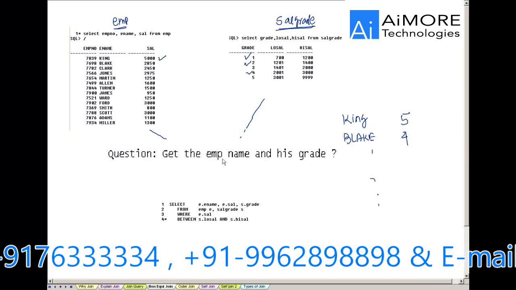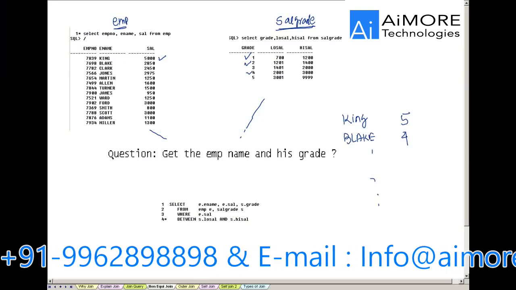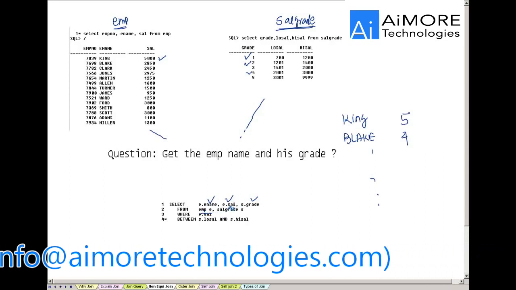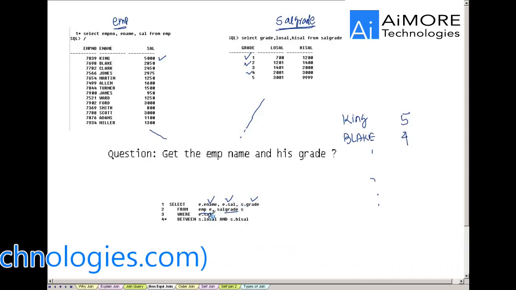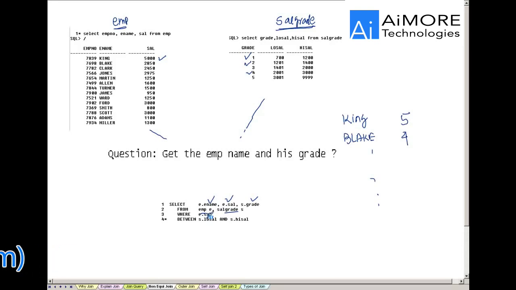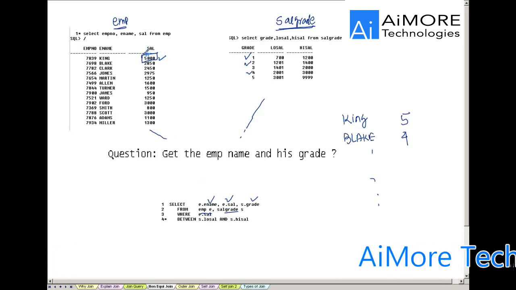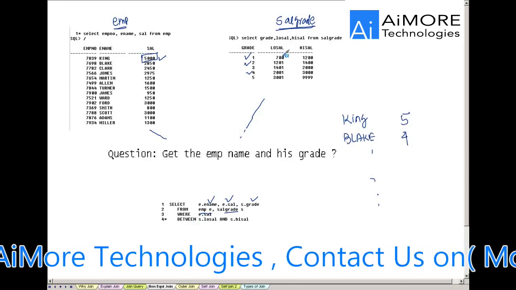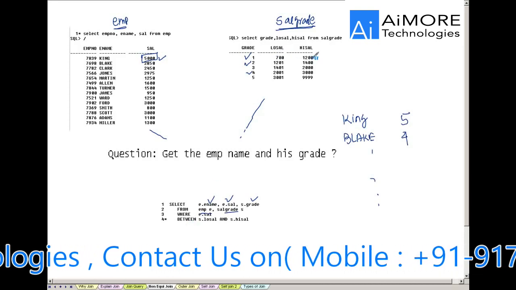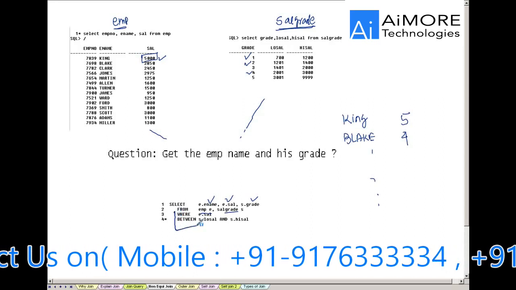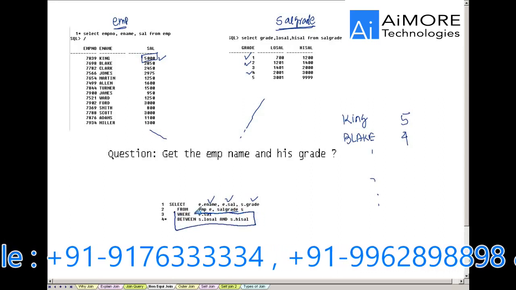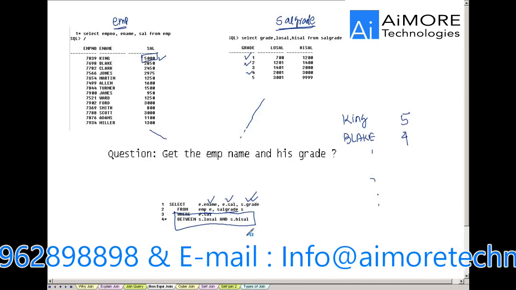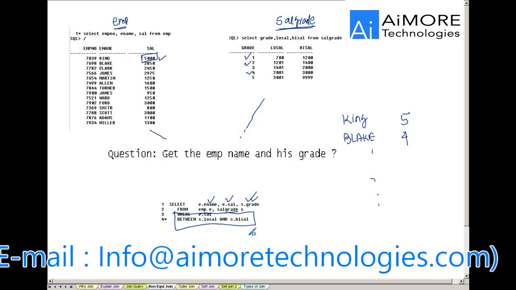I'm selecting employee name, salary and grade from two tables, employee and sal grade, where e.sal is between the sal grade's low sal and high sal. If this condition is satisfied, then whatever grade value comes, that will be my grade.